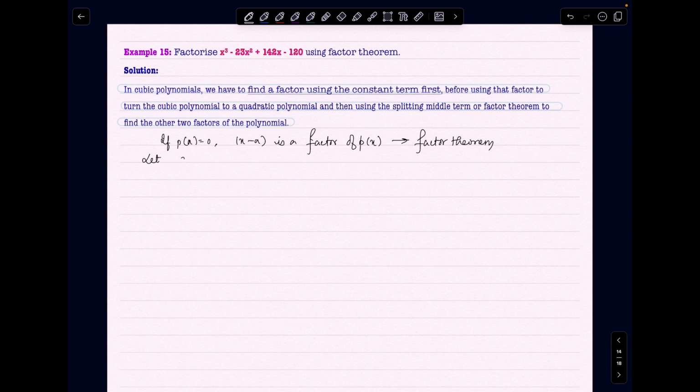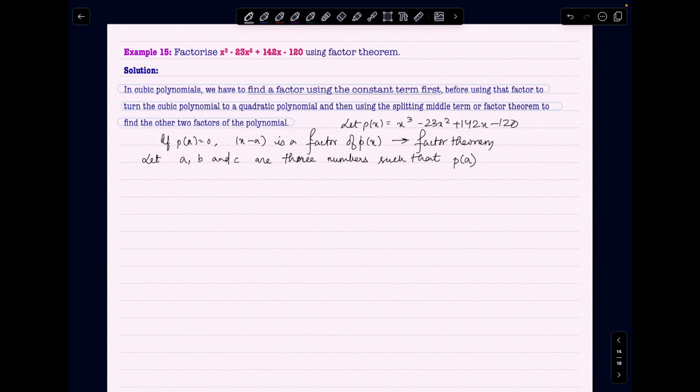Let A, B and C be three numbers such that P of A, first I'm going to write, let P of x equal to this equation: x cube minus 23x square plus 142x minus 120.